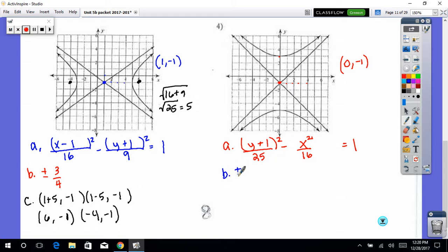Which gives us the asymptote of plus or minus 5 over 4. Square root of 25, square root of 16. And for our foci, we are staying put left and right, so our x coordinate is not going to change. Our x coordinate is still going to remain 0.